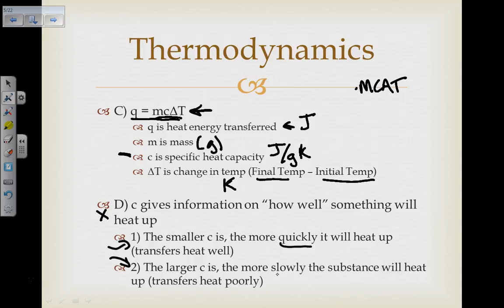Again, quickly and slowly, we're not talking about a kinetic situation where we're talking about the speed of a reaction or anything. If something gets very hot very quickly, it means it has a really low C. And if something takes a long time to get hot, or doesn't get hot very quickly, that means that it has a very high C.